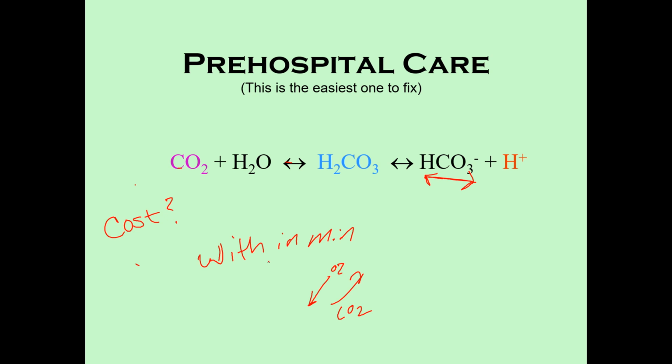If we're at 6, we're less than 7, that means we're acidic, okay? So hopefully we can drive that pH up in this case back into the 7s. That's where we want to be. And driving the hydrogen ion down, reducing that hydrogen ion and bringing the pH up back to normal.